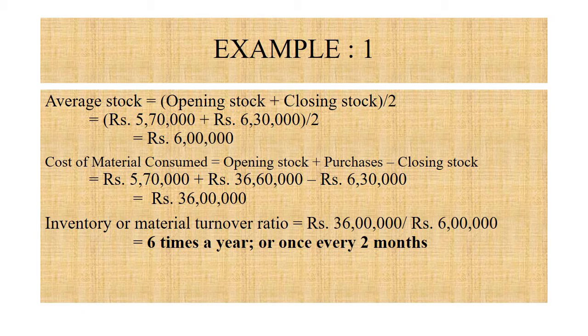So finally, to find out the inventory turnover ratio or the so-called material turnover ratio, the formula is cost of material consumed divided by average stock. So we'll put in the values: rupees 36 lakh divided by rupees 6 lakh. We get 6 times a year, or that means once every 2 months.